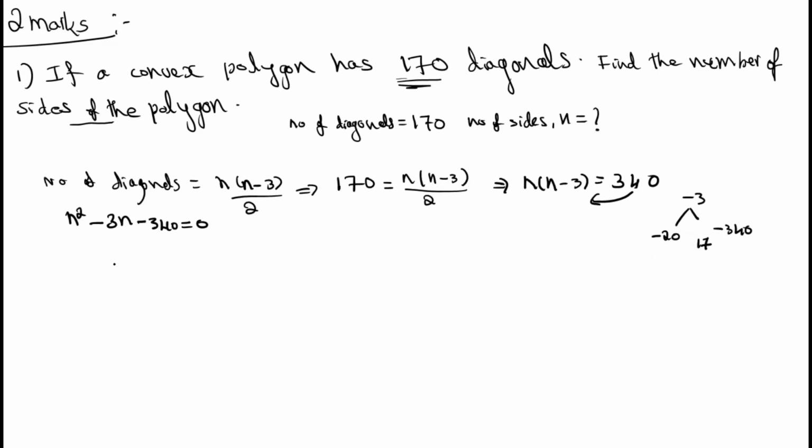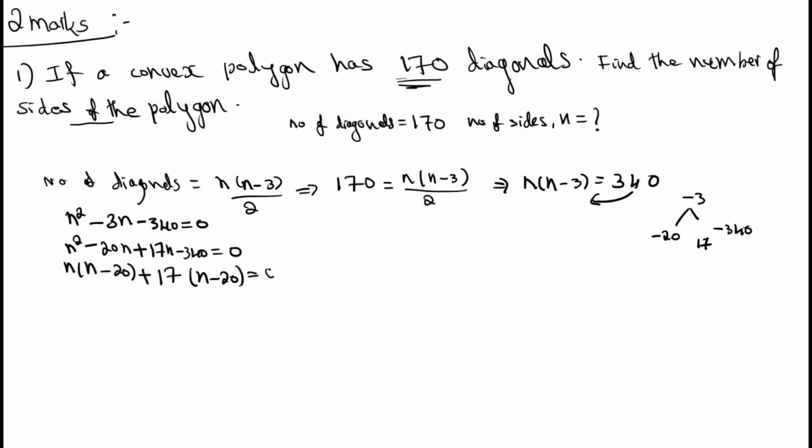So here substitute: n square minus 20n plus 17n minus 340 is equal to 0. Here n into n minus 20, plus take 17 outside, 17 into n minus 20, 17n is 17n, 17 into 20 is 340.